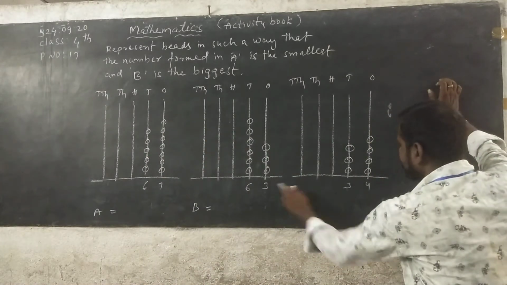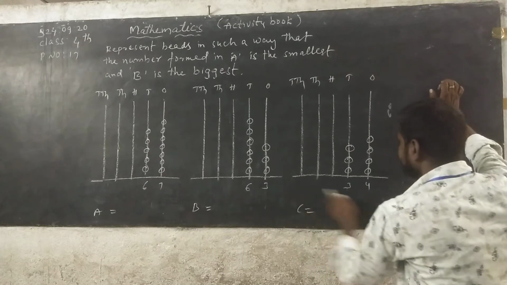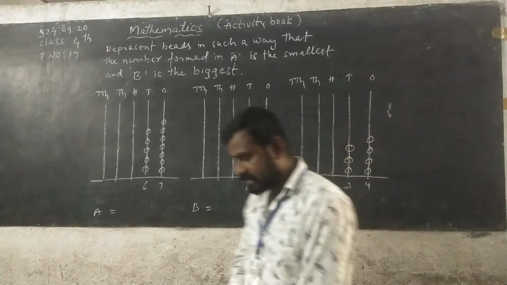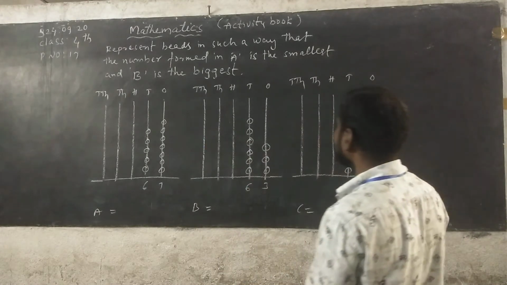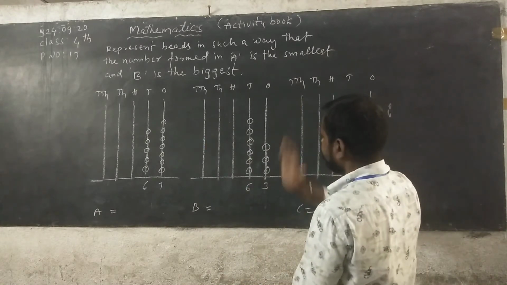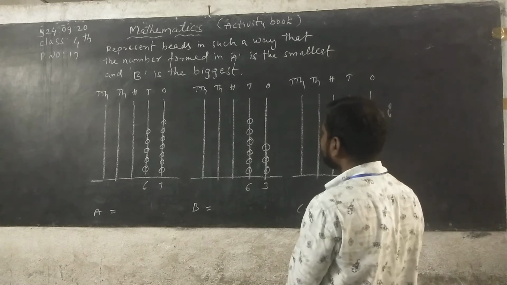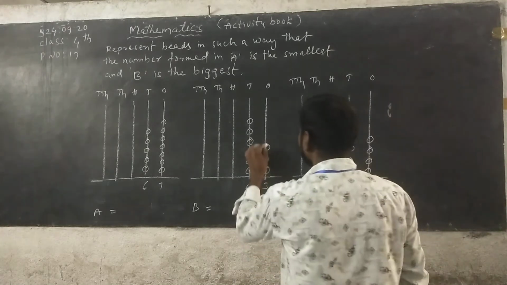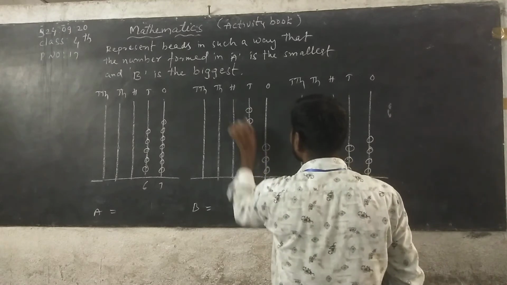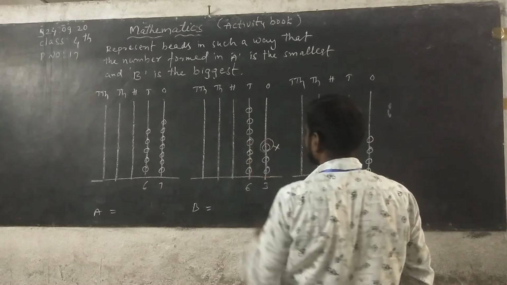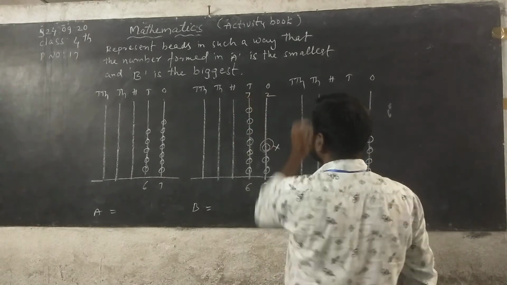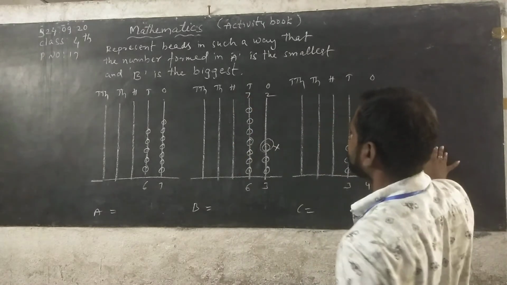So you can compare these two, 63 and 54. See here, now I am taking one bead from 1's place to 10's place. Got it. So here 7, here 2, 72.